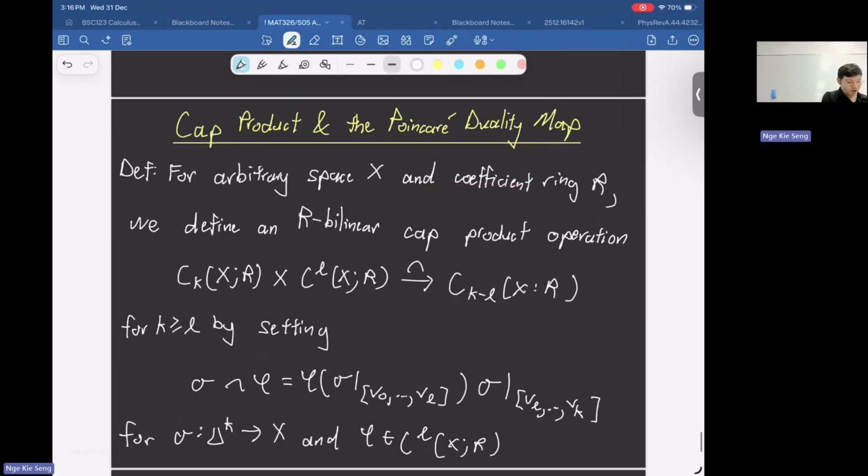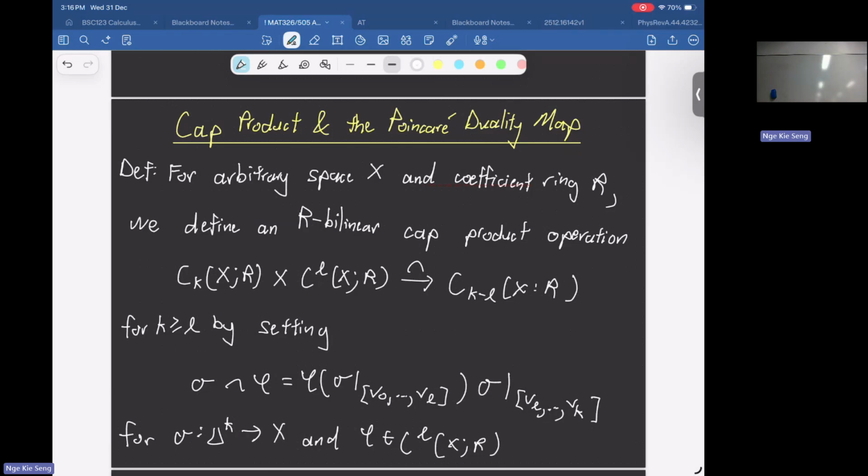To tell you about the Poincare duality, the isomorphism, we need to define one more product called the cap product. So what's the cap product doing? You take a chain group and a cochain group together, you get a chain group.